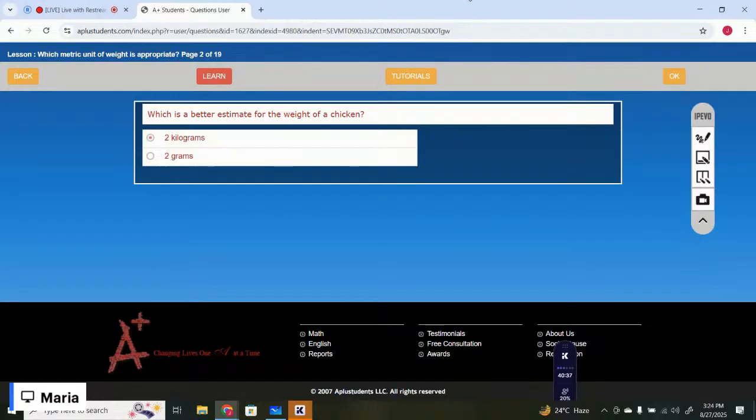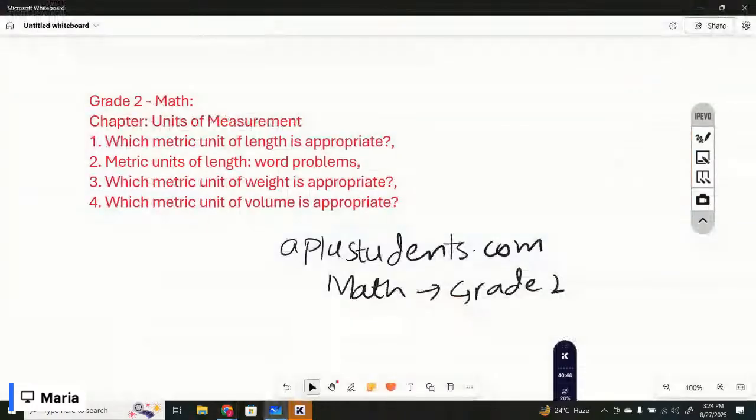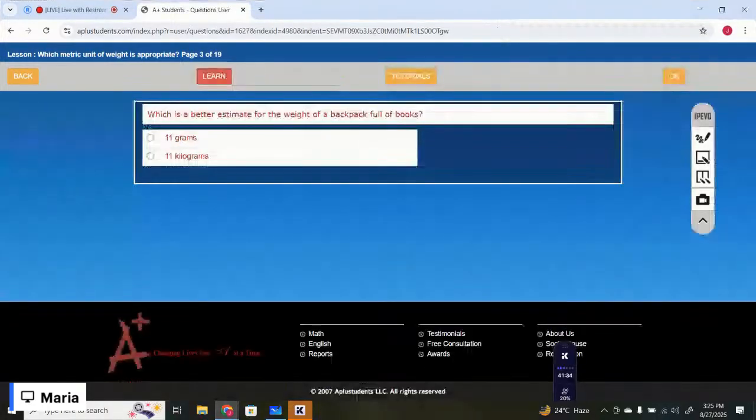That is 2 kilograms. 2 grams is too little for the weight of a chicken. Which is the better estimate for the weight of a backpack full of books?